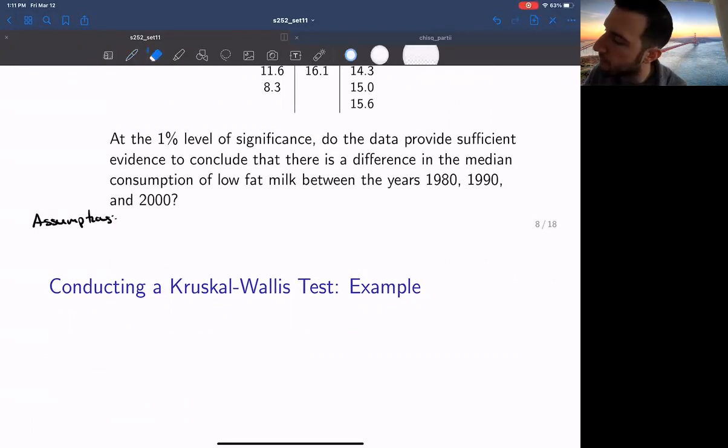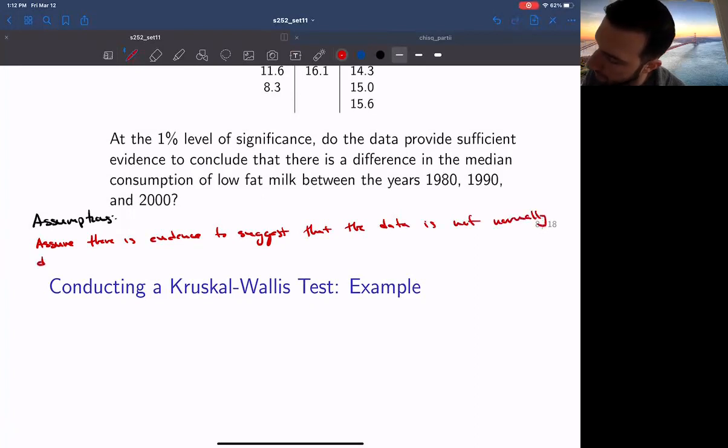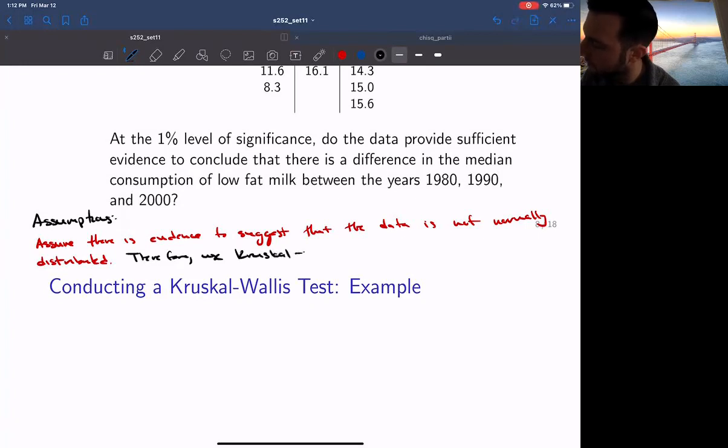So as a starting point, we would say: assume there is evidence to suggest that the data is not normally distributed. Therefore, use a Kruskal-Wallis test.